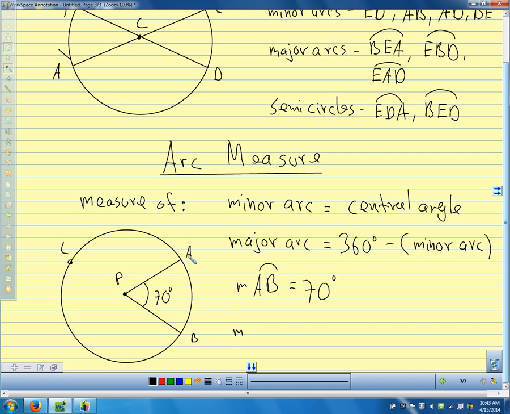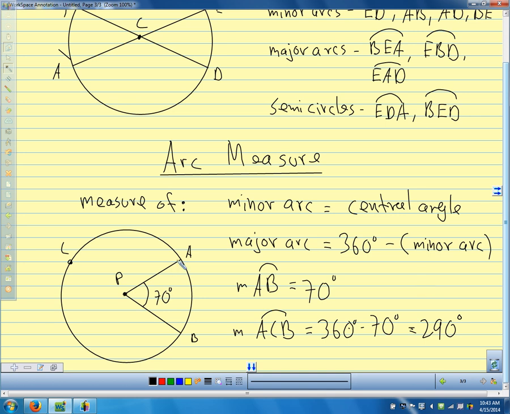The measure of arc ACB equals 360 degrees minus this central angle. So that would be 290 degrees.